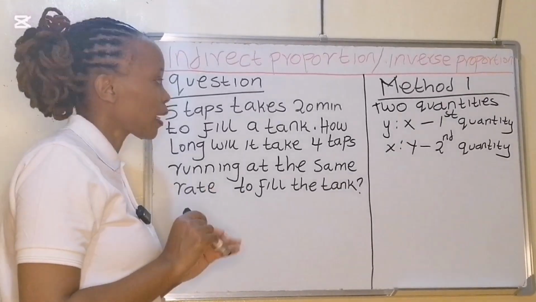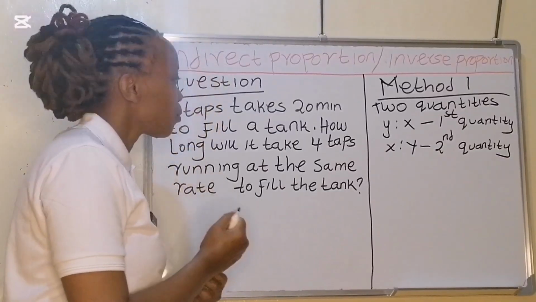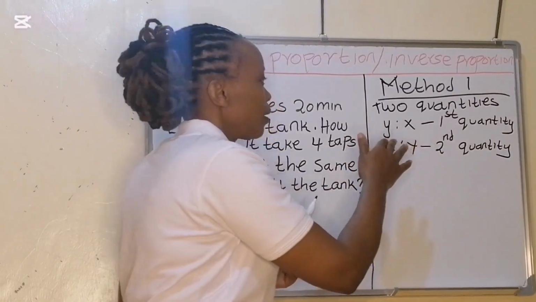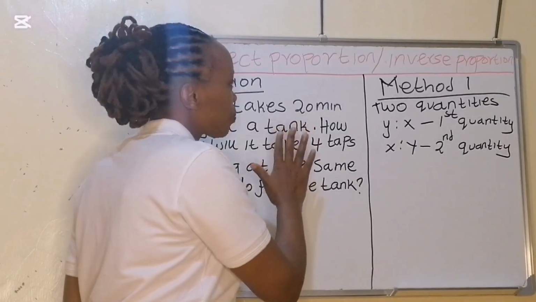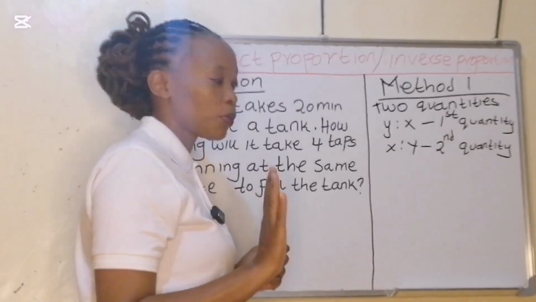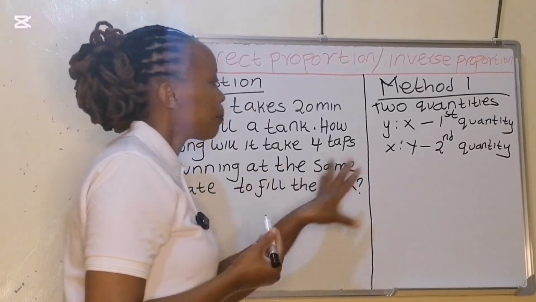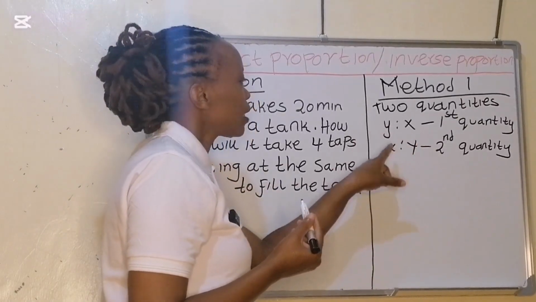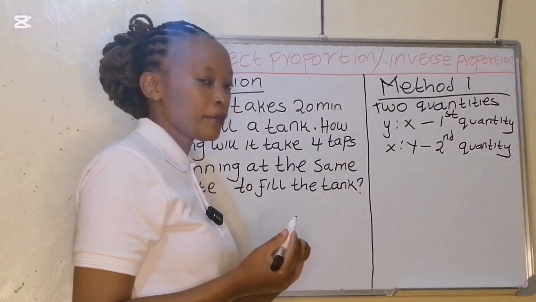It is not about cramming, it's about understanding. The formula for inverse proportion, also known as indirect proportion, is when we are comparing two quantities, and if the first quantity ratio is y is to x, the second one is x is to y.